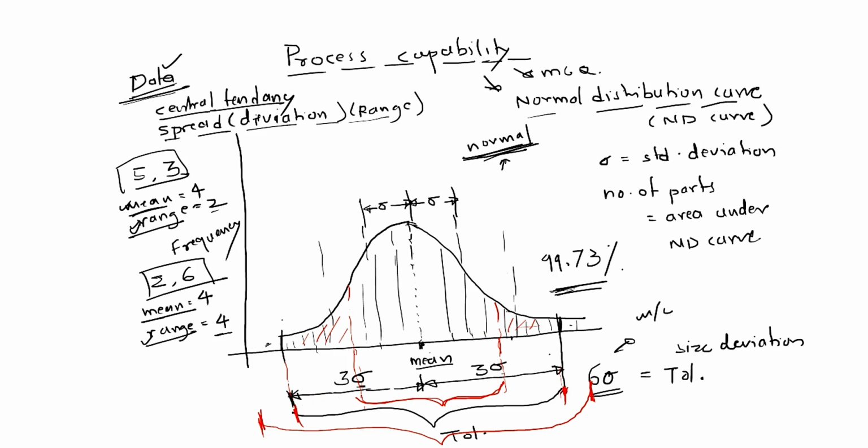Now I will draw a separate diagram for this. Let us assume this is our process capability curve. This is the plus minus 3 sigma limit. This is the process mean, and this is 3 sigma. This is 3 sigma.